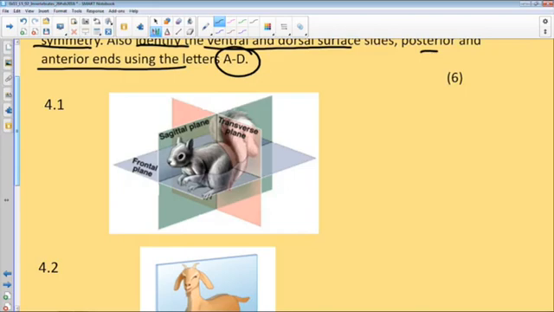Here we're looking at a squirrel, and if you were asked to cut a section along the sagittal plane or transverse plane, that's essentially referring to this angle that we're going to cut through. If we're looking at a sagittal plane, this angle will create bilateral symmetry. So if we cut the organism this way, we're going to generate a left half and a right half that is bilaterally symmetrical.